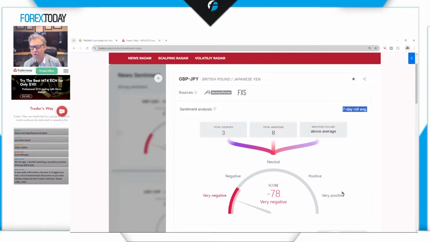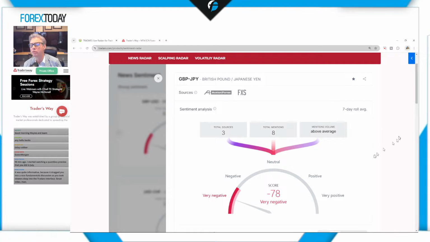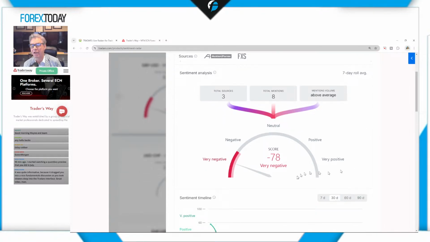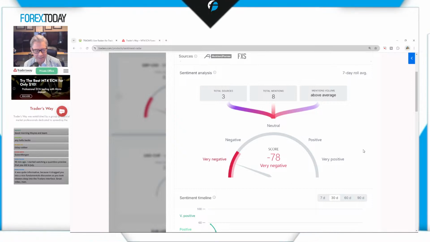So now it's an aggregate score over the last 7 days. And you can see articles right now being written on multiple websites are actually quite negative. They're very negative. So this is market sentiment. It's reading the news articles so that you don't have to read the news articles.